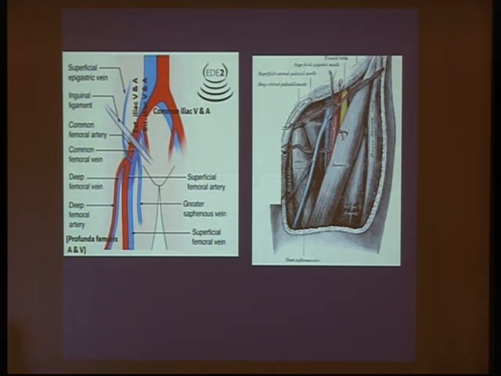We have superficial femoral vein and artery and deep femoral vein and artery. As you can see here, deep vessels are on the lateral side and will join the main femoral vein and artery here.